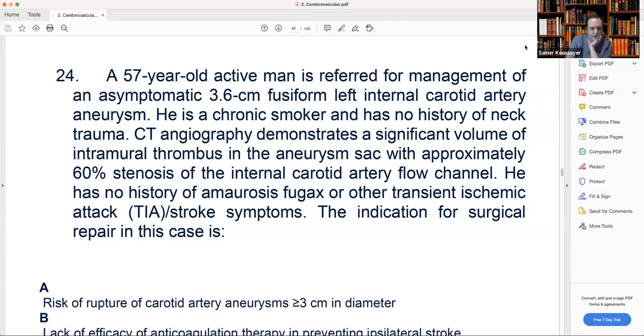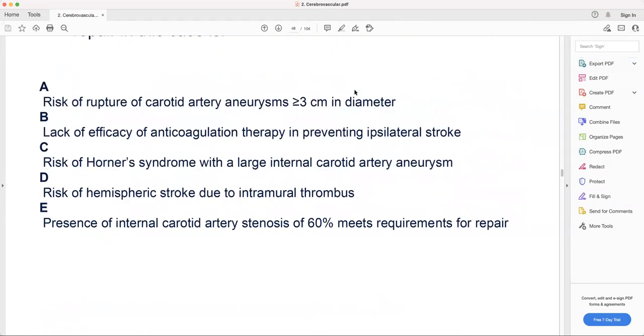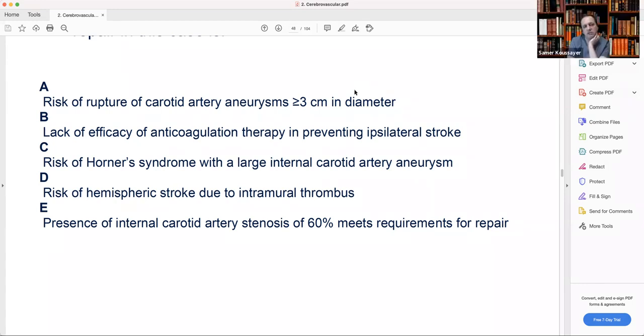All right, let's see what the question options are. The indication for surgery: A, risk of rupture of carotid artery aneurysm more than 3 centimeters in diameter. Okay, let's stop on this one. What you said before, that rupture is not a concern, right?